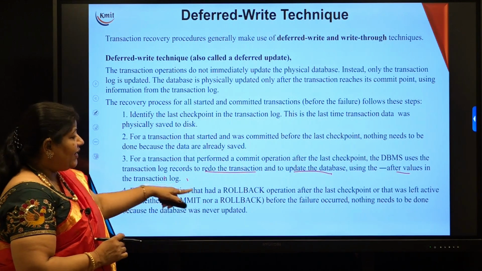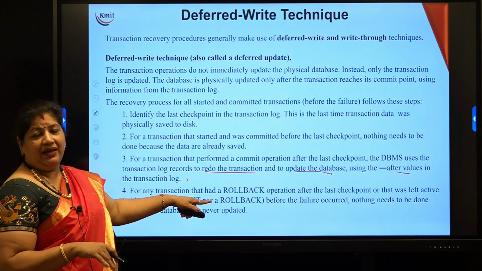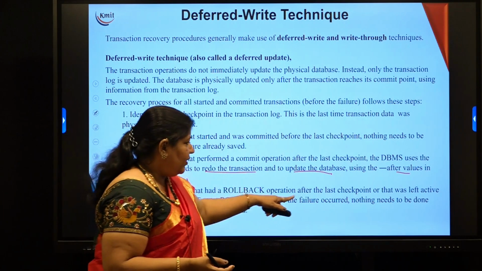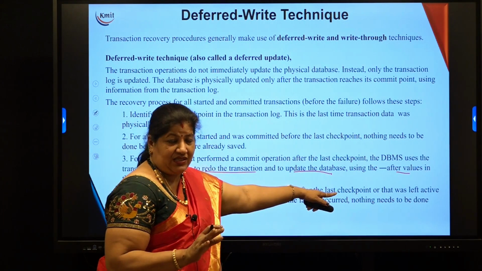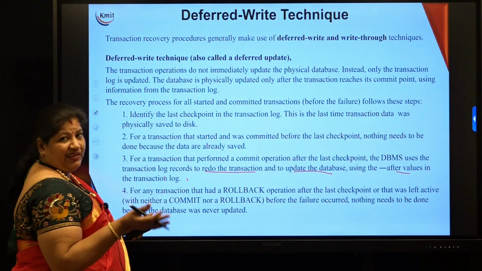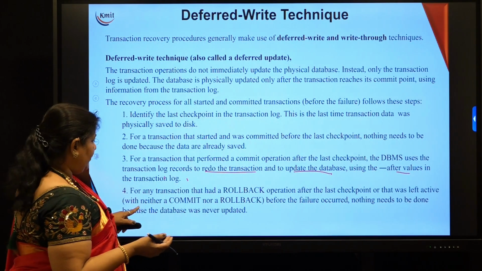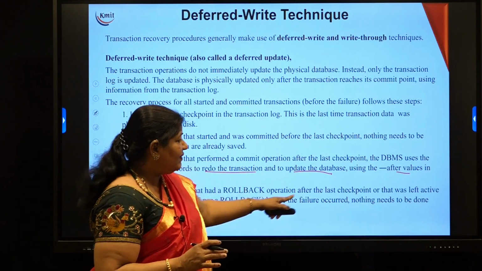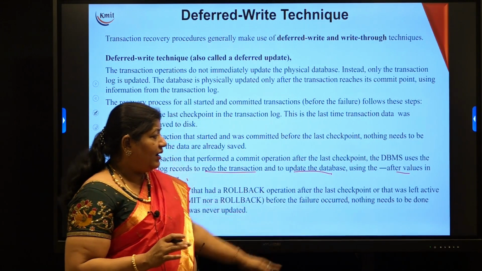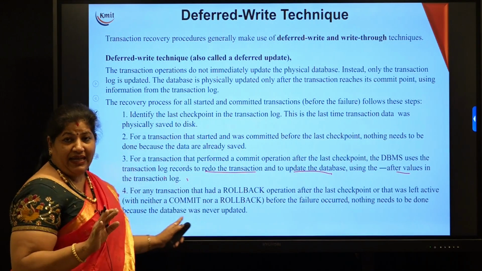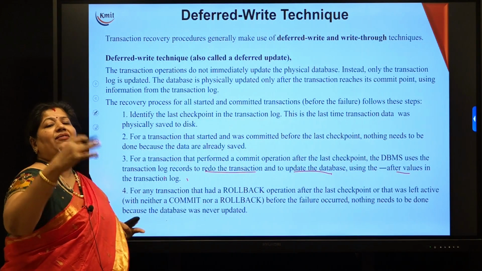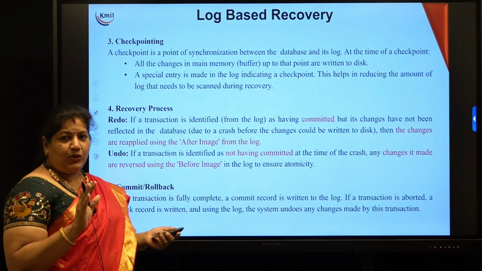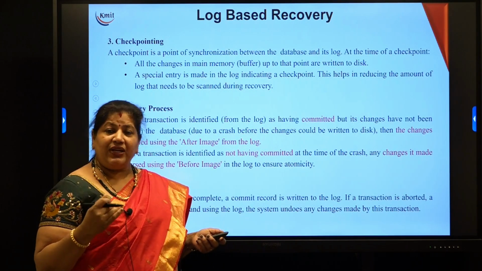But for any transaction that has a rollback, that is, an aborted operation after the last checkpoint, or was left active there with neither commit nor rollback before the failure occurred, nothing needs to be done, as you know that we have never updated the database. Up to the checkpoint we had done, but after that it failed.